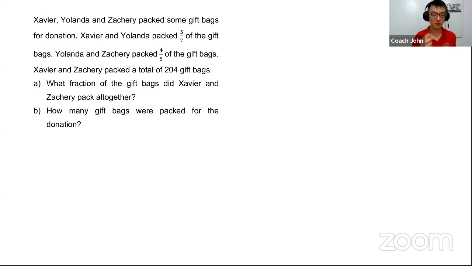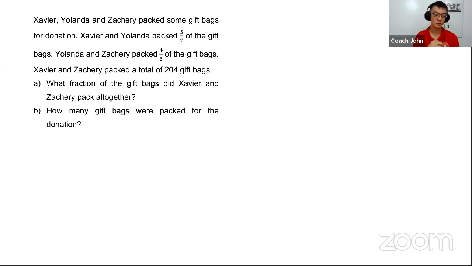So instead of saying problem sums, you can say, in this story sum, Xavier, Yolanda, and Zachary pack some gift bags for donation. Xavier and Yolanda packed 5/7 of the gift bags. Then Yolanda and Zachary packed 4/5 of the gift bags.